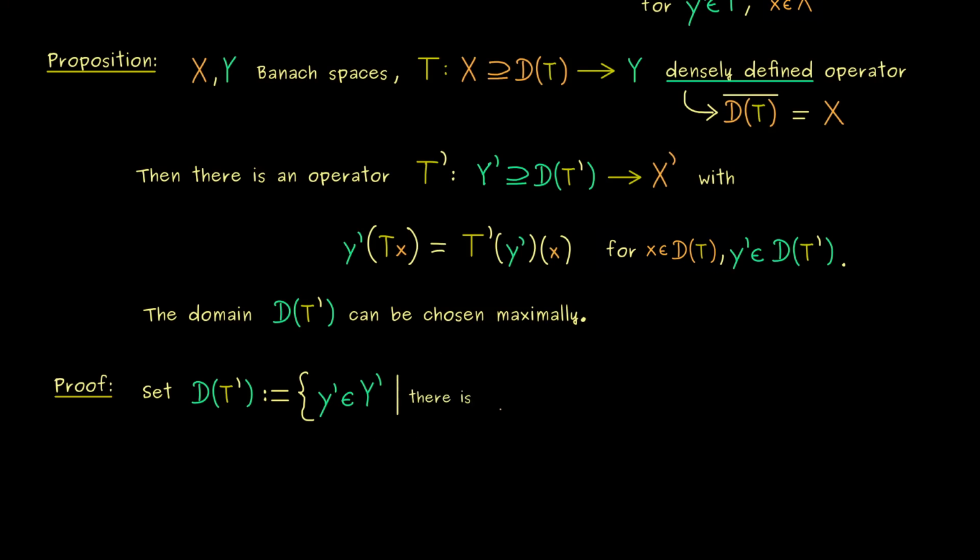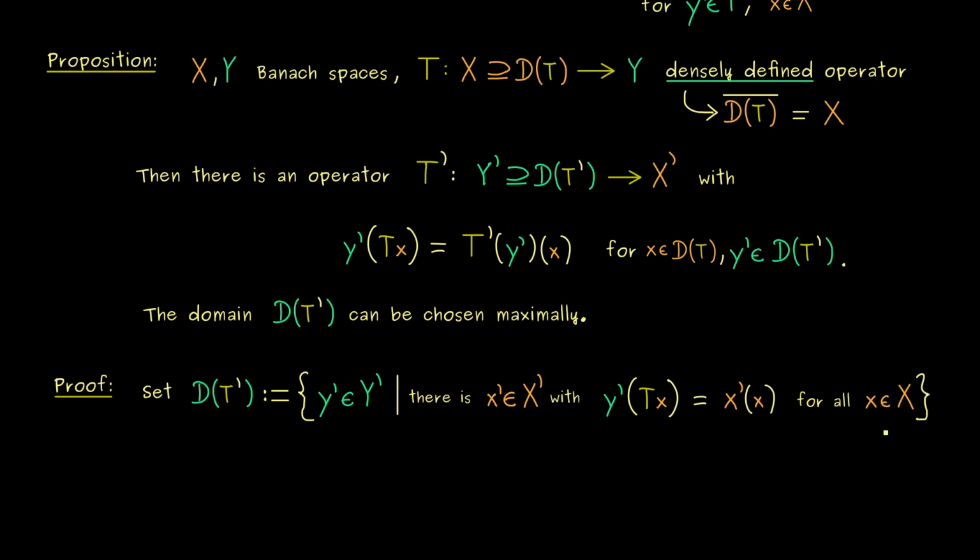So we could just say, if we find such a nice x prime, we are good. To understand what this means, please don't forget that we want to have this equation for every point x. Which implies that this combination we have on the left should be equal to a linear functional. Hence, it should be equal to our x prime here. And as I already told you, we want to have it for every x in X.